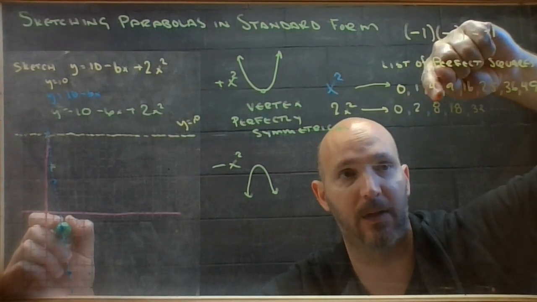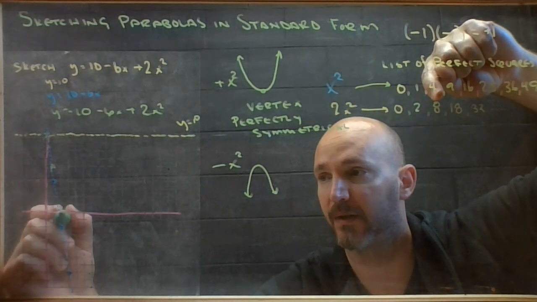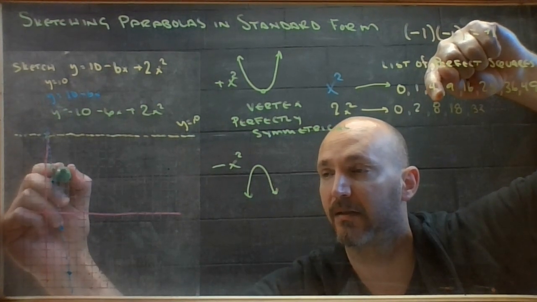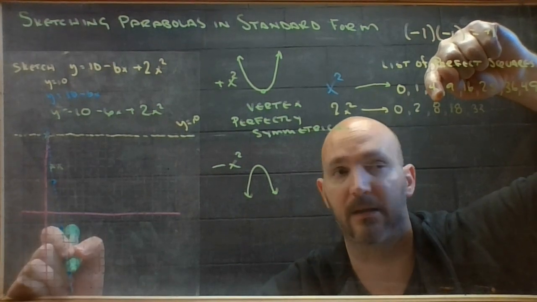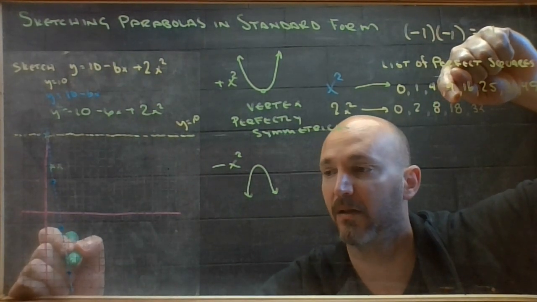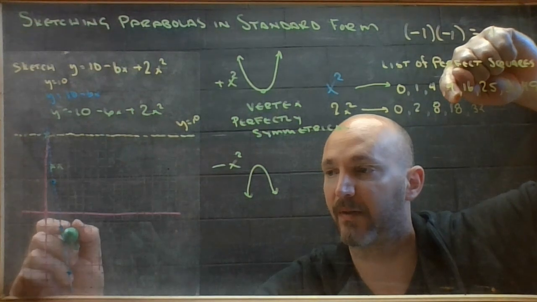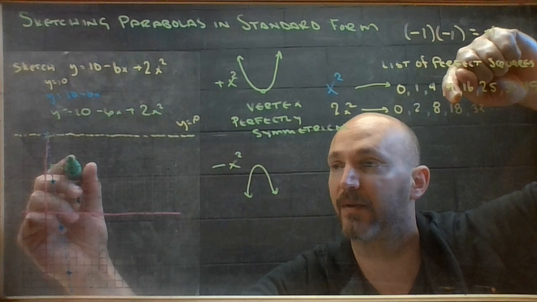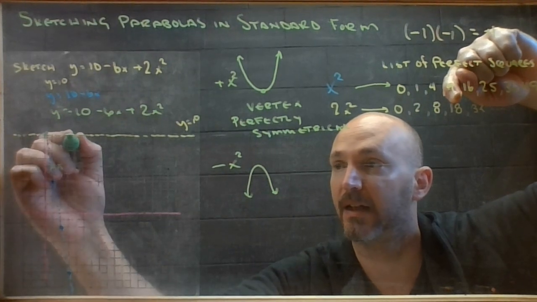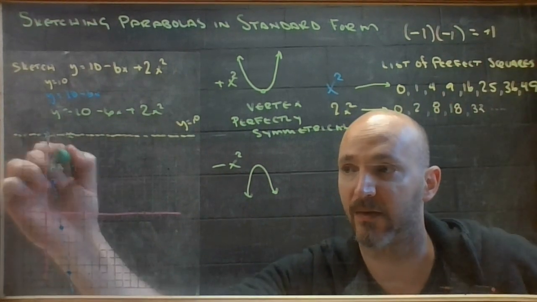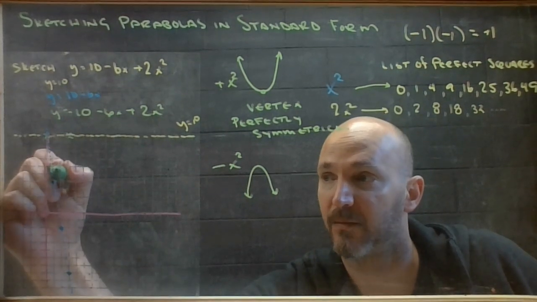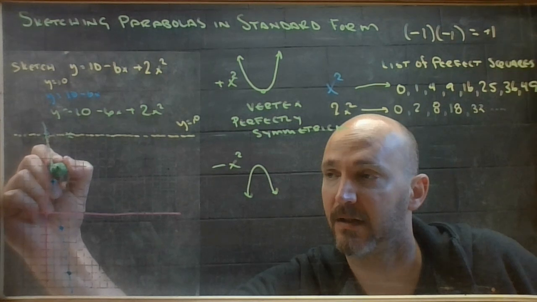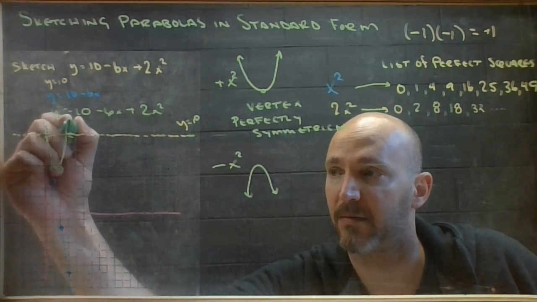Next dot, I'm going to have to add 8. 1, 2, 3, 4, 5, 6, 7, 8. Next dot, I'm going to have to add 18. 1, 2, 3, up to 18. And you see I've got those symmetrical pairs. So my vertex must be here somewhere. And there's my parabola.